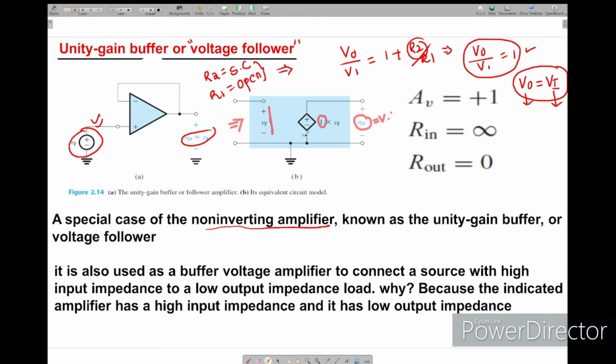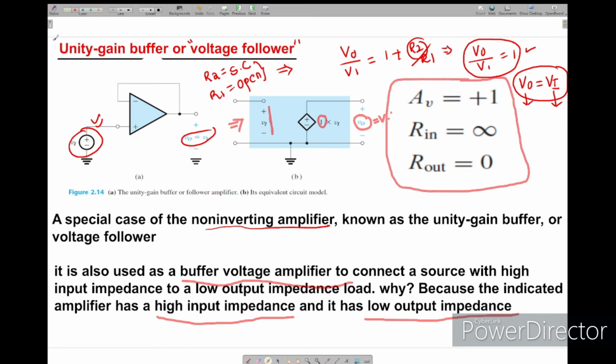You can prove it by this method also. The main advantage of this circuit is that we can use it as a buffer voltage amplifier, because it has high input impedance and low output impedance. It is called unity gain because it provides a gain of 1, and it is called a voltage follower because the output follows the input.